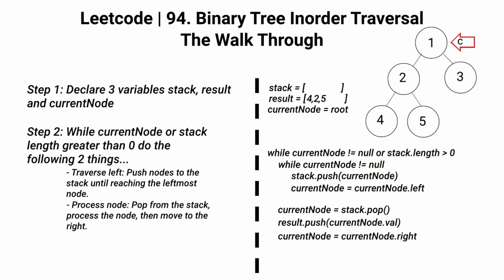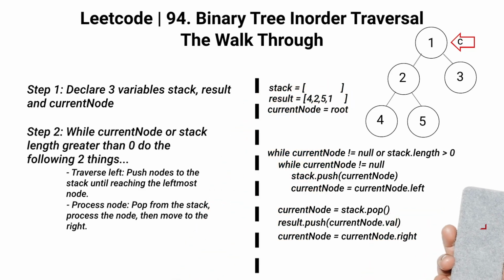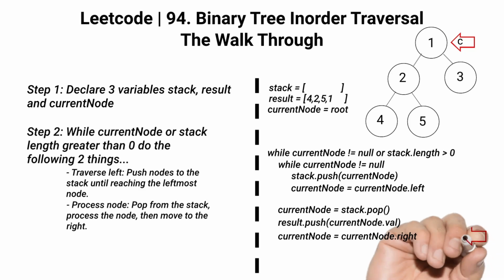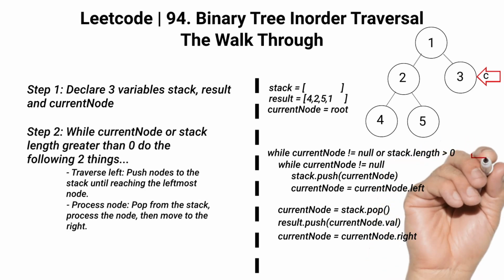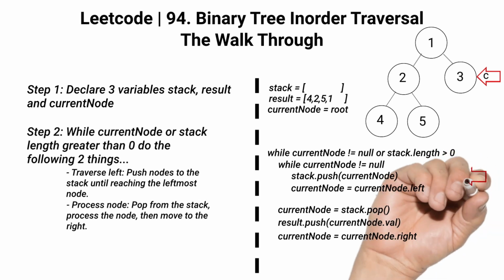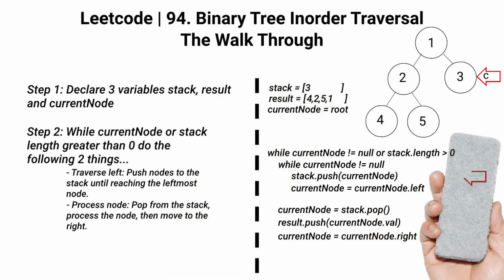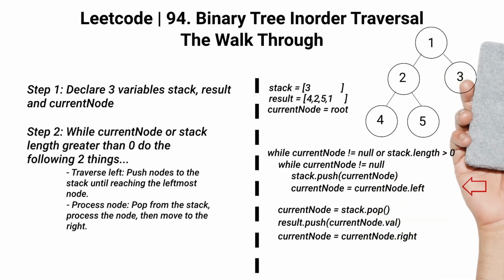We then push the value 1 into the result, set the current node equal to the right node on the 1, which is the 3. And then we know the current node is not equal to null, so we push the 3 node onto the stack. We update the current node to equal the left node of the 3, which is null.